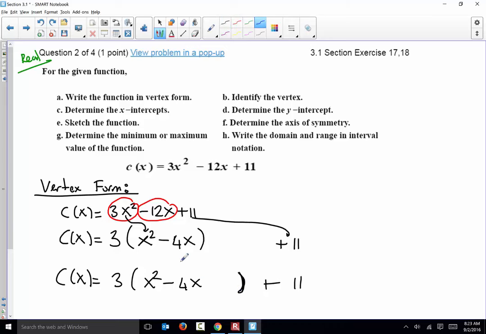Now, have you noticed I did something? I took some space after 4x. Some space here. So we are going to do a magic here. I want you to add a number here. Okay? But that number should not be just randomly picked.